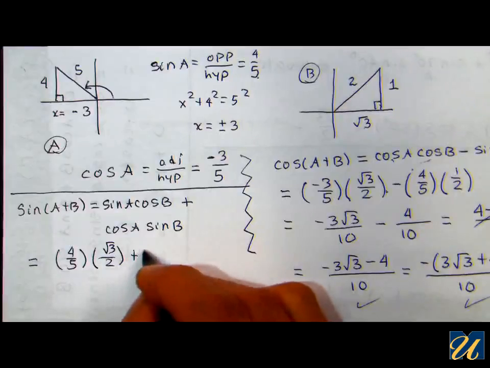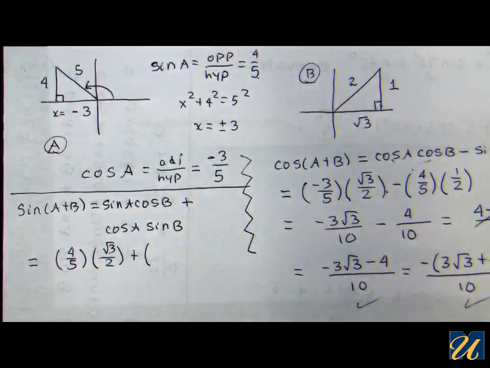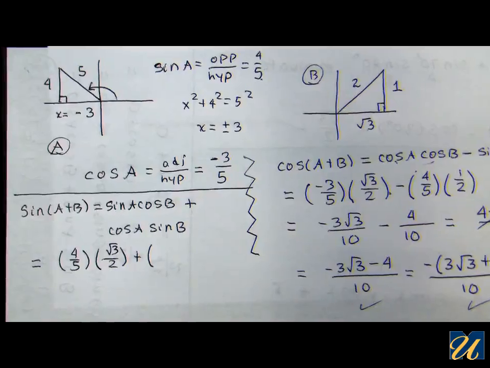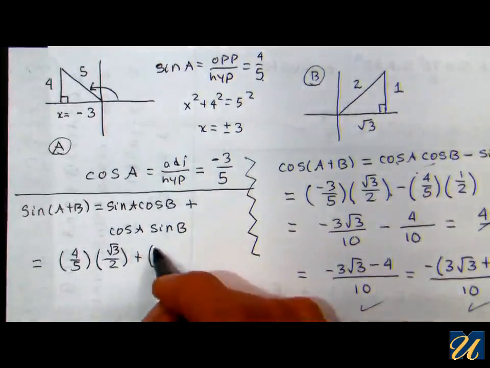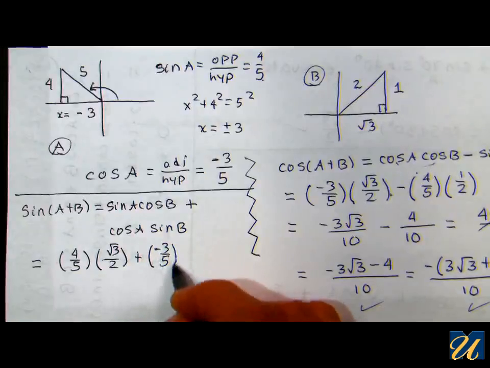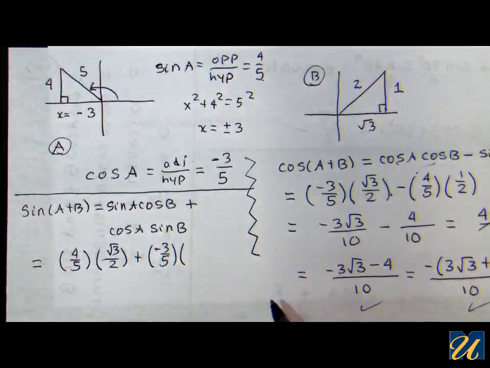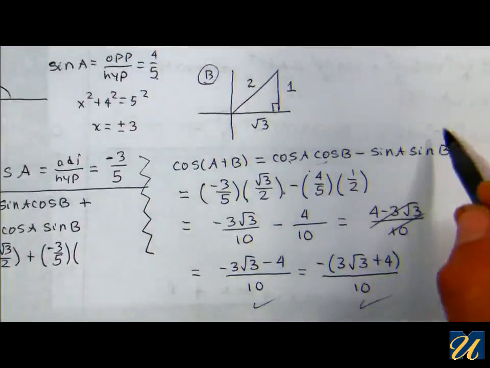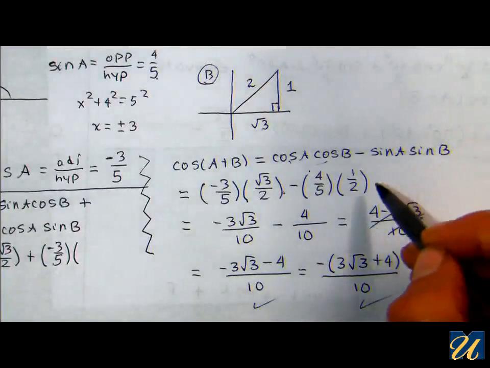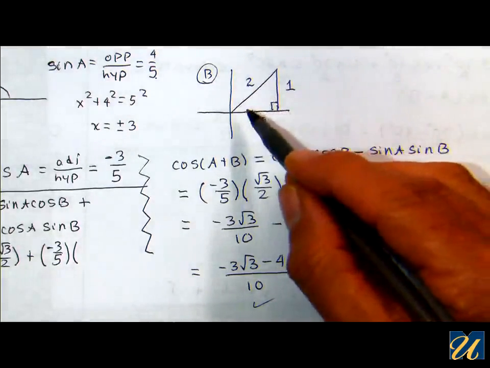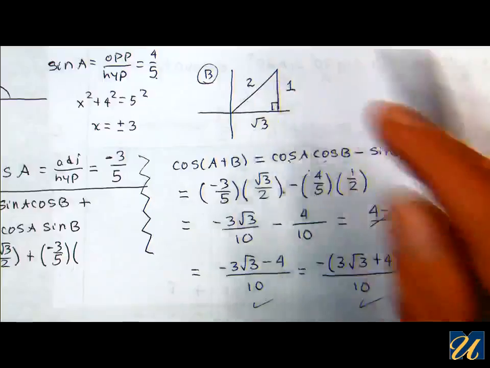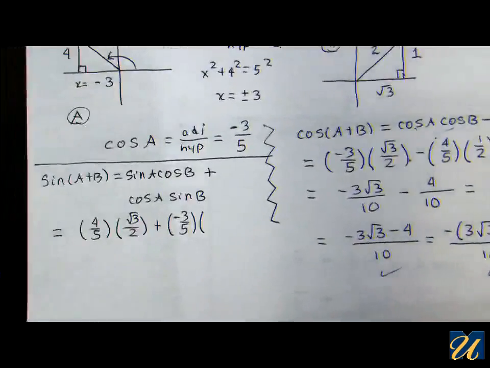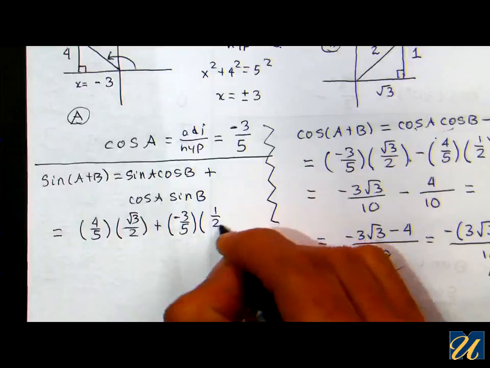Okay, plus the cosine of A. Cosine of A, here it is right in front of us, negative 3/5, times sine of B. Do we know the sine of B? Right here. Sine of B is 1/2, or from the picture, opposite over hypotenuse. So that's a 1/2 right there. So we'll put that in, 1/2.